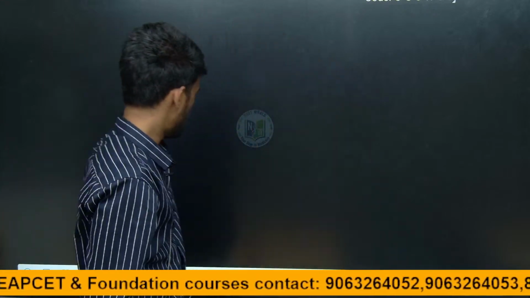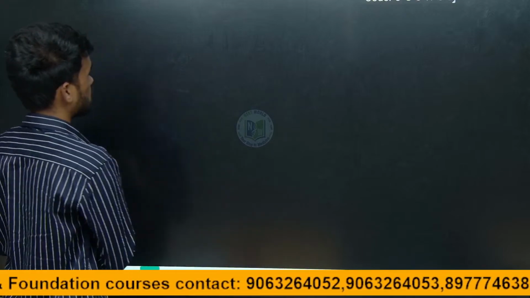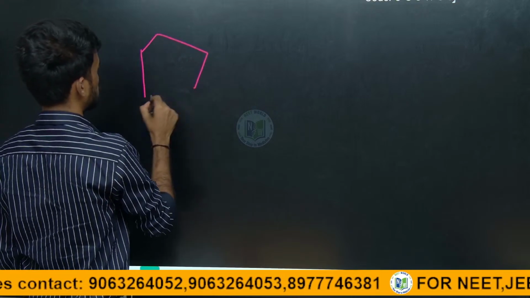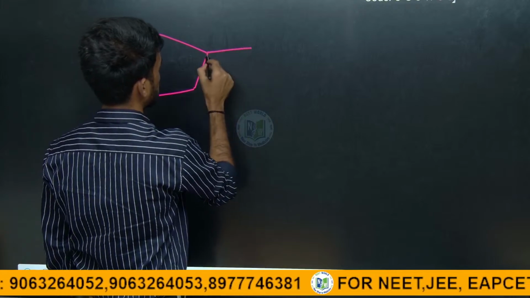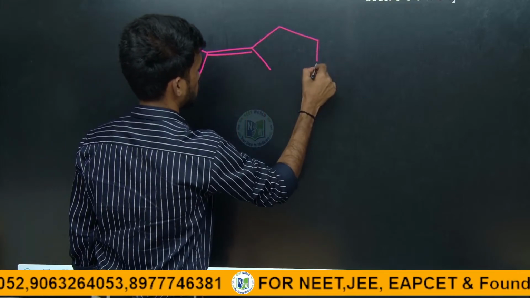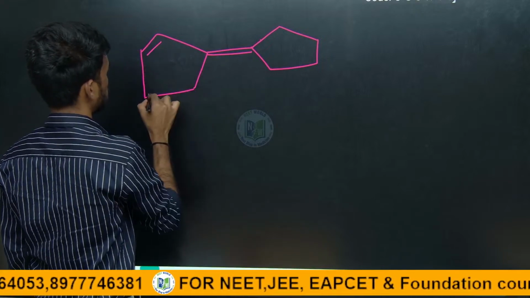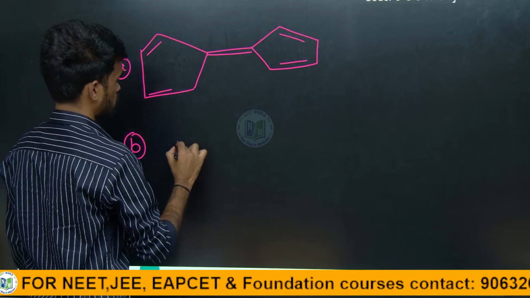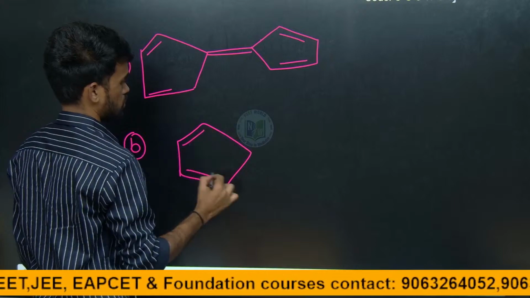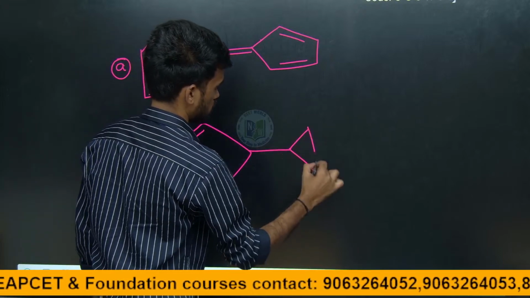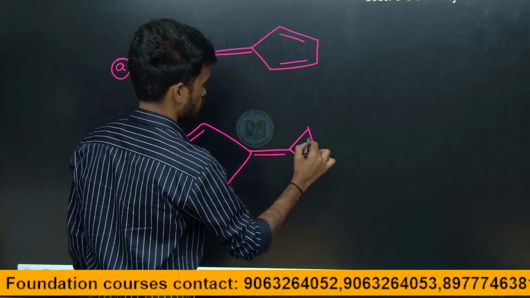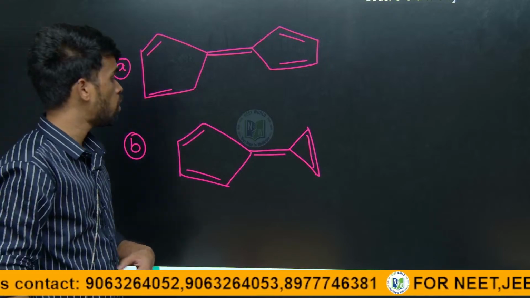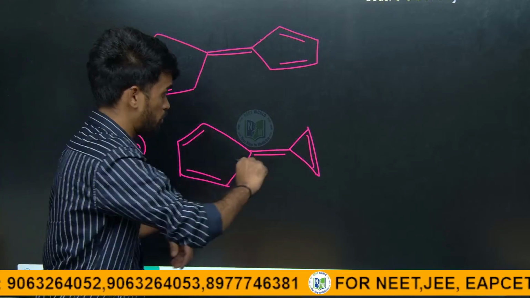Next thing, sometimes they will give you compounds like this. Let us say this is A and B. Out of these two, which has the lower bond rotational barrier?